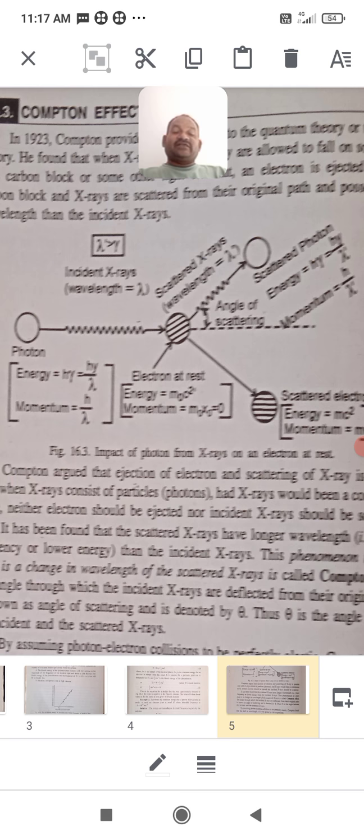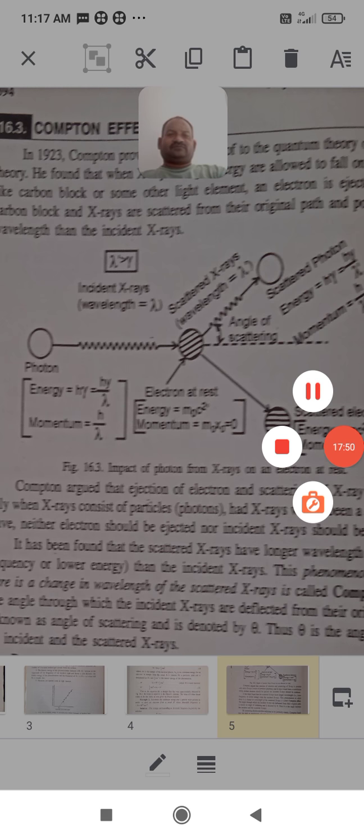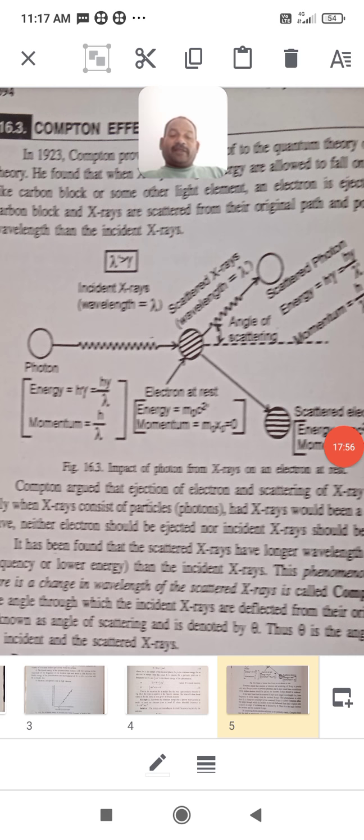Here you observe in the slide clearly. See in the slide, the photon, that is the incident X-ray, falls on a substance. Then the substance gets some energy and the remaining energy is passed away with scattered X-rays, that is wavelength lambda dash. Whenever X-rays are passed on metal, electrons are emitted.